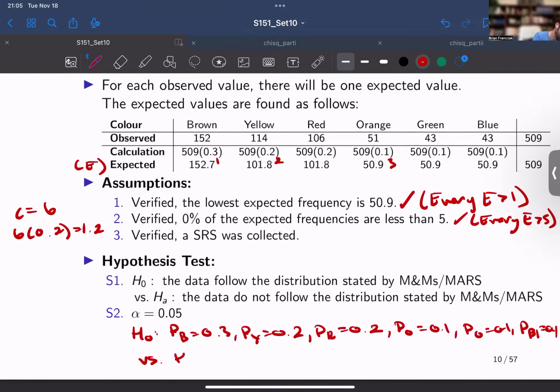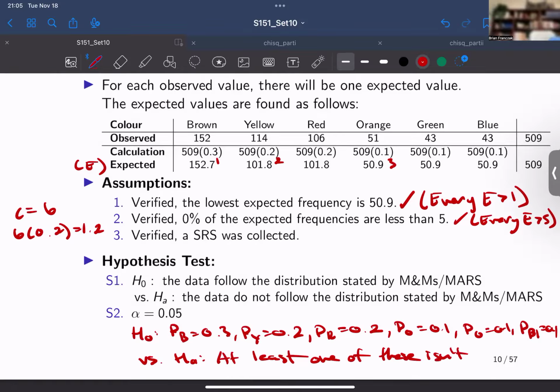And then the alternative, if you wanted to, you can just think of it as saying like at least one of these isn't true. So the null hypothesis can also just be thought of as those initially stated probabilities are true, and the alternative is simply that at least one of them isn't true.